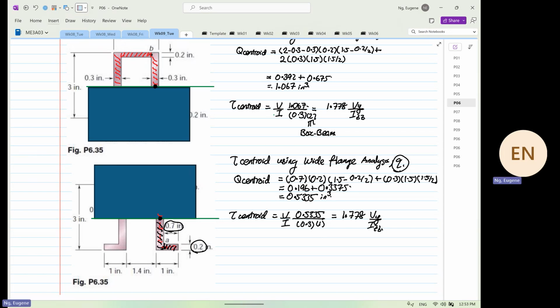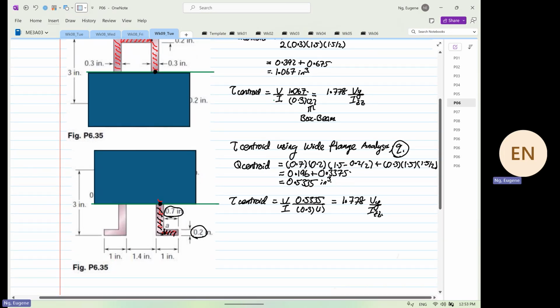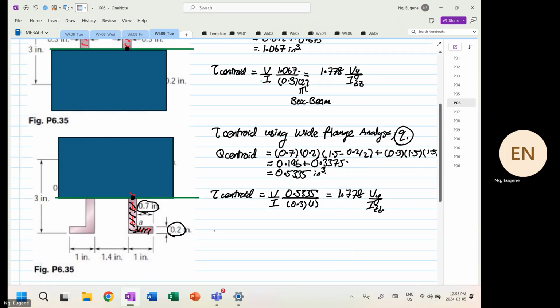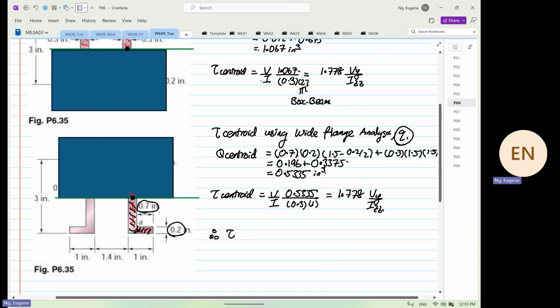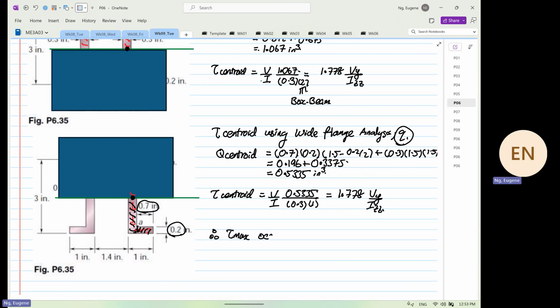Okay. So now we know that at the centroid, what happens? Tau max occurs at the centroid, right? So we have 1.778 Vy over Izz, which is equal to what?